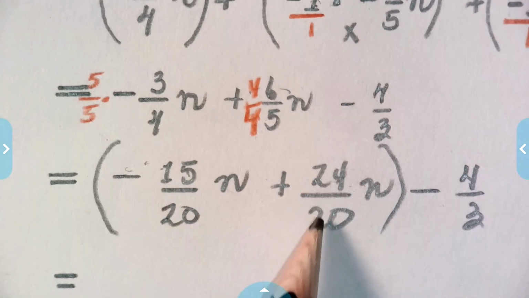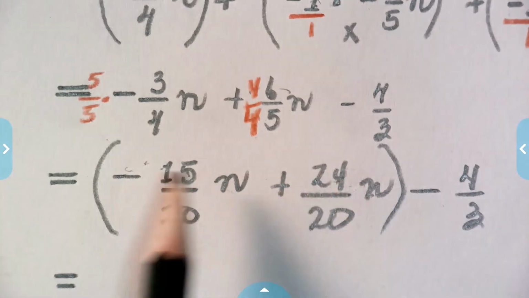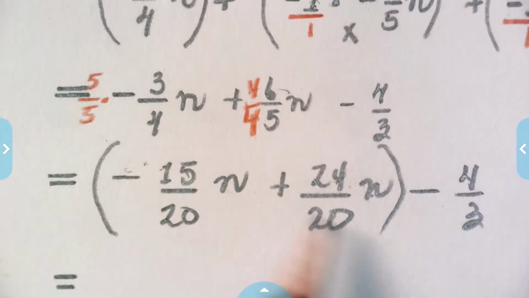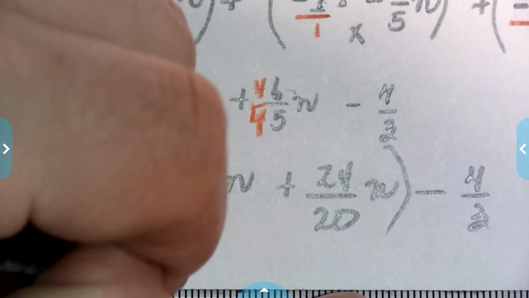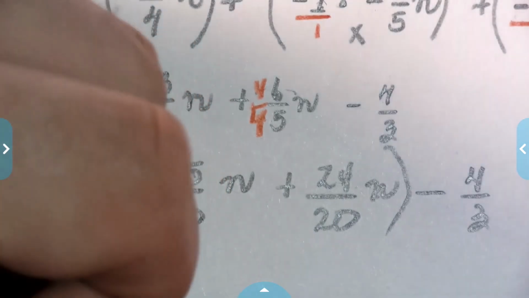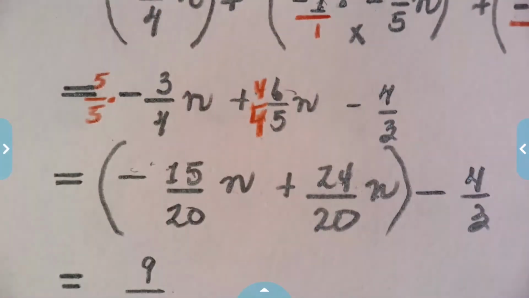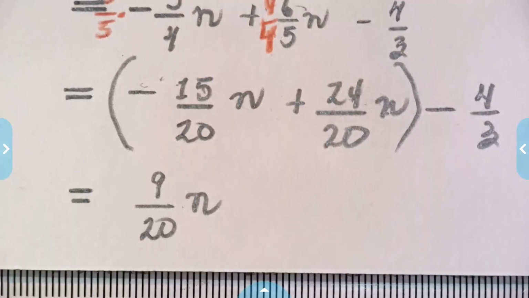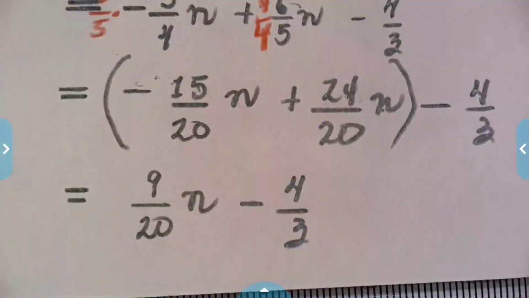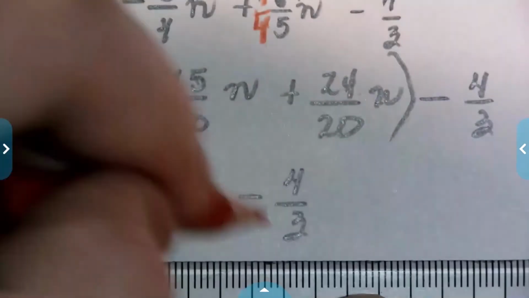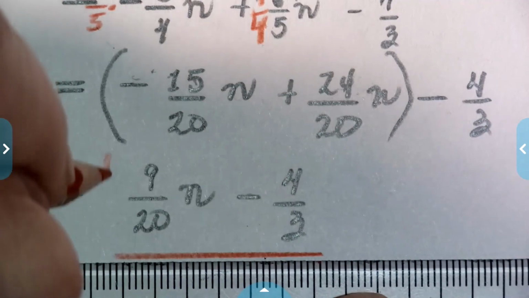So 24 twentieths n minus 15 twentieths n is 9 twentieths n. So I'll write 9 twentieths n minus 4/3. Okay. And that's how I would leave it. I don't know if CUDA would want it some other way, but to me that looks reduced.